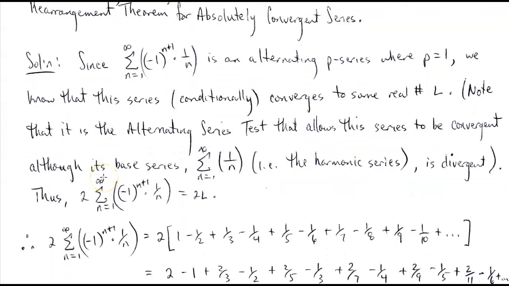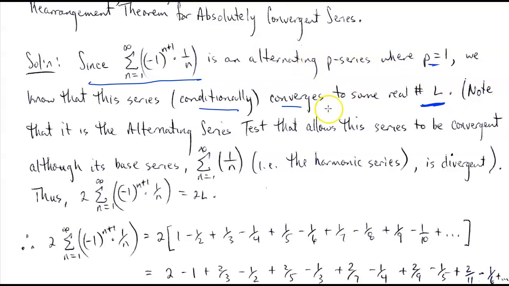So here we know that since this is an alternating p-series where p is 1, also known as the alternating harmonic series, it is going to be conditionally convergent. We're just going to assume that it conditionally converges to some value L. We're going to act like we don't know exactly where it goes.